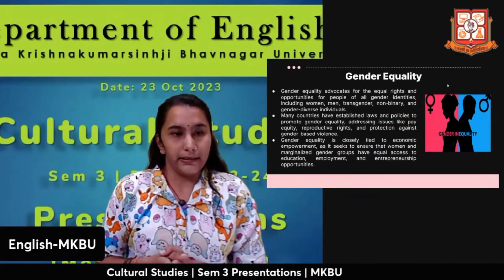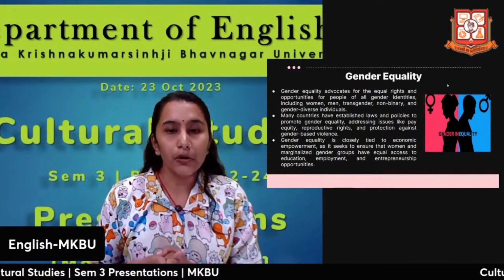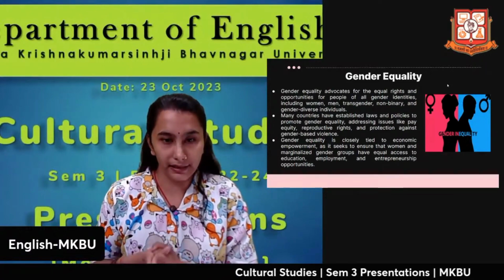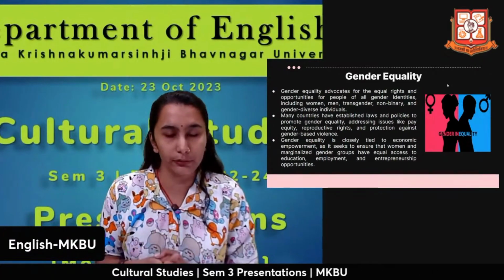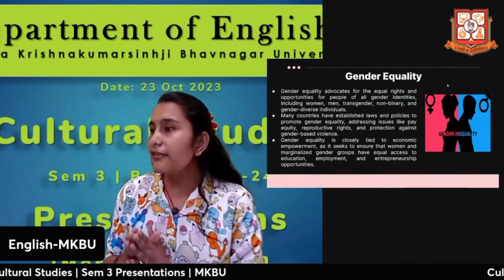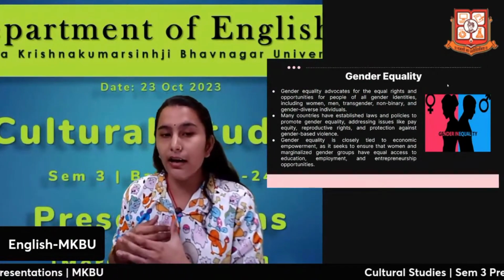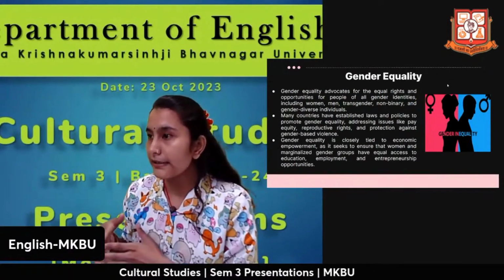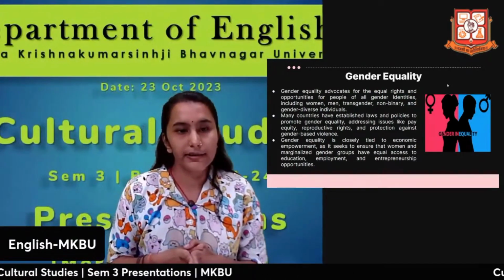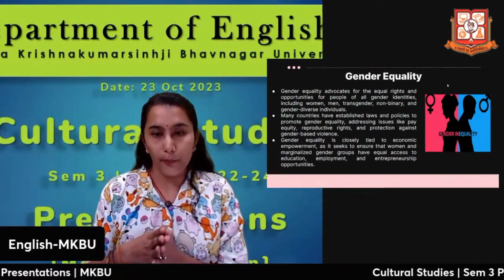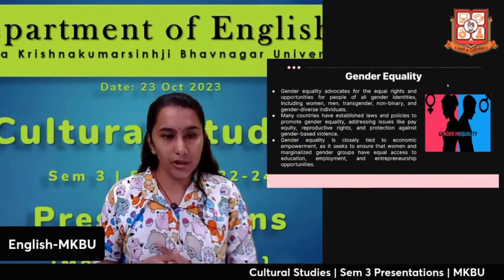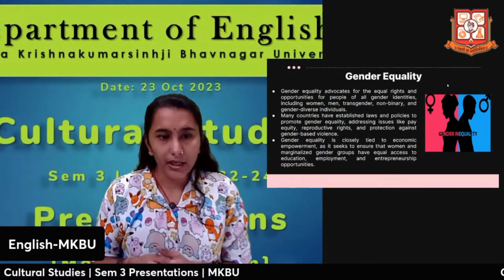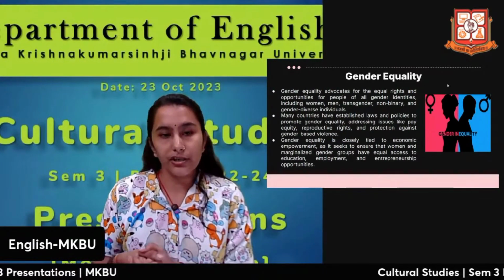Gender equality. Gender equality advocates for equal rights and opportunities for people of all gender identities, including women, men, transgender, non-binary, and gender diverse people. Gender equality is not only for women, but also for men and transgender people, who should be given equal rights and an equal position in society. Many countries have established laws and policies to promote gender equality, addressing issues like equity, reproductive rights, and protection against gender-based violence.